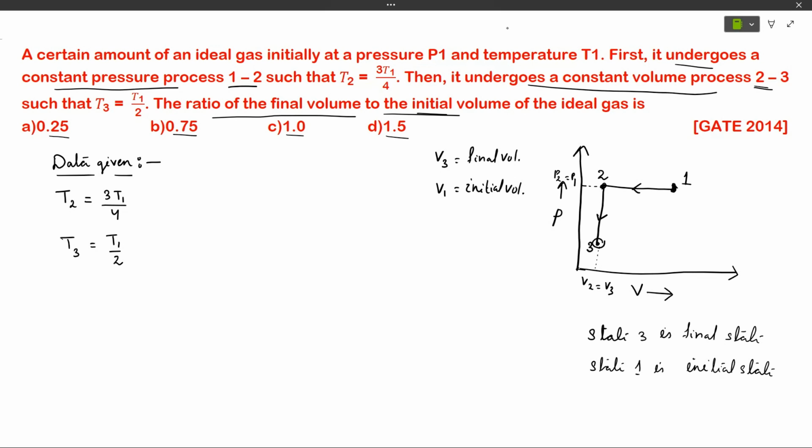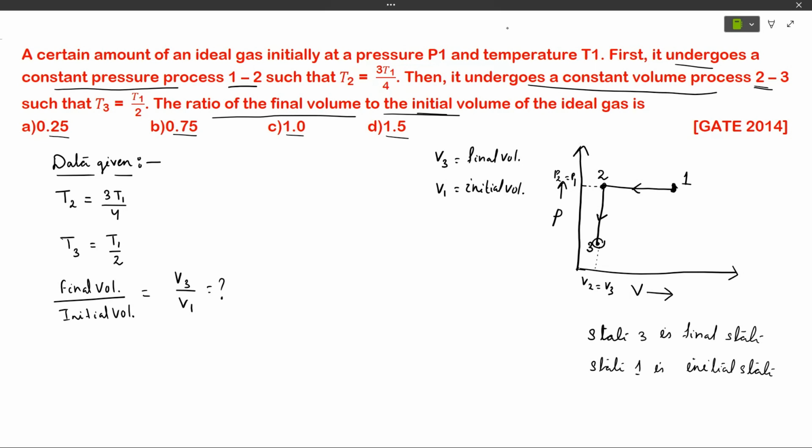So in this question we have to calculate the ratio of final volume to the initial volume, that is equal to V3 by V1. So this we have to find out.